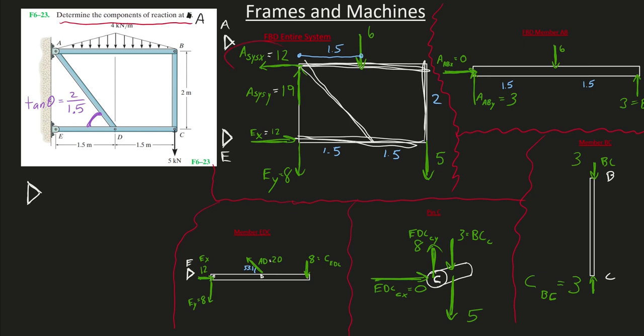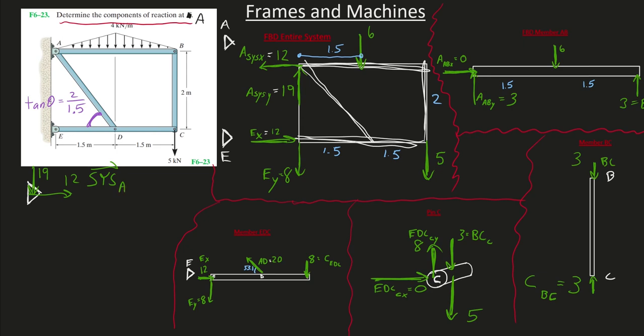A does these two things to our system. Therefore, our entire system is going to do these two things onto that pin joint A. Again, these two things are the forces from our system on A.